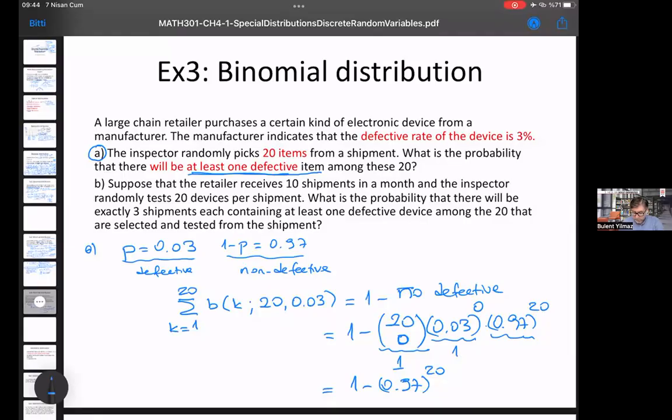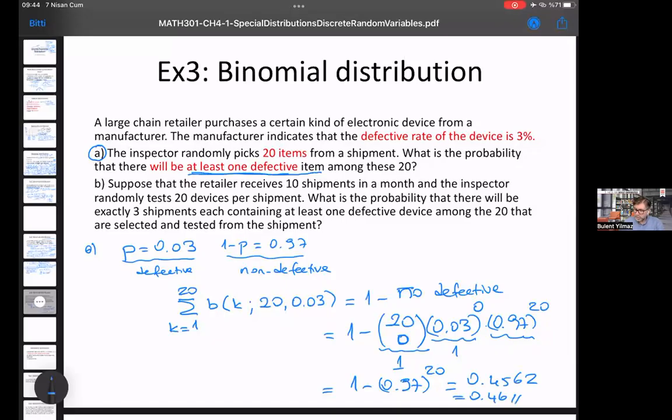If we give the number, it is 0.4562, or somewhere around 0.46. Does that make sense, guys? Everybody is with me. We understood what binomial distribution is in general, and then we will go to the next part.